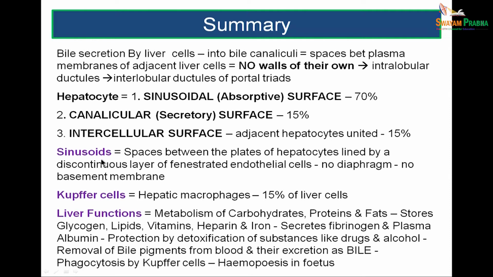What were sinusoids? Spaces between adjacent plates of hepatocytes lined by discontinuous endothelial cells having fenestrations, no diaphragm, no basement membrane. Then we said Kupffer cells, these are hepatic macrophages. We also spoke about Ito cells, and liver functions.